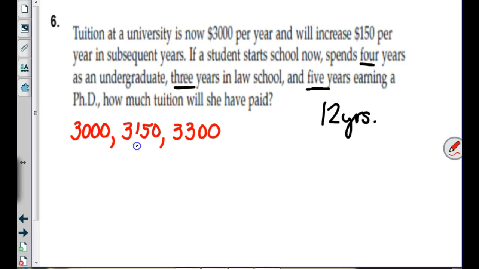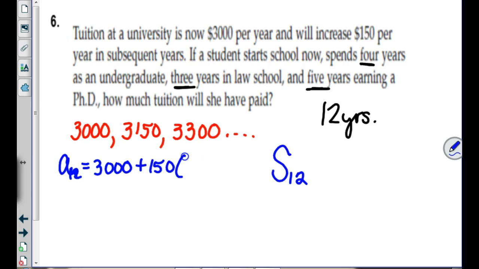All right. If it's arithmetic, what do we have to be able to find the sum of 12 terms? We have to have the 12th term. So we need to find the 12th term, which will be what? 3,000 plus 150 times 12 minus 1, or 11. Somebody going to give me that 12th term?